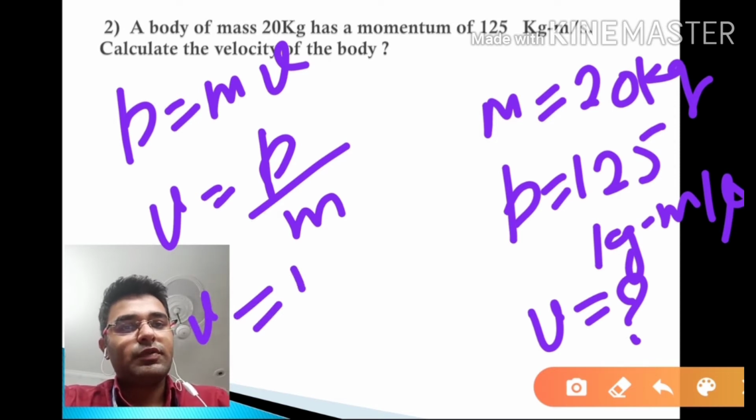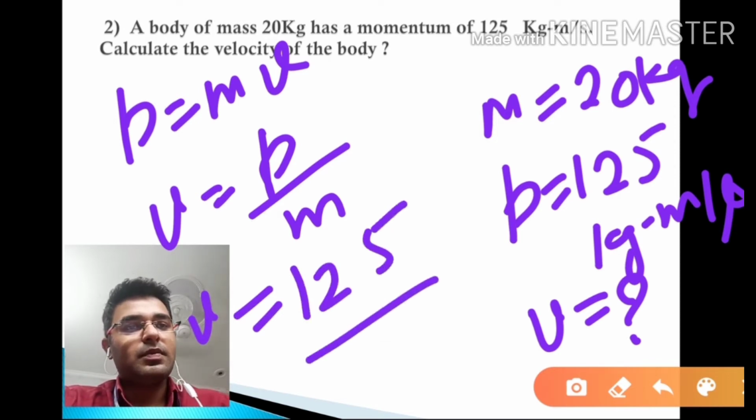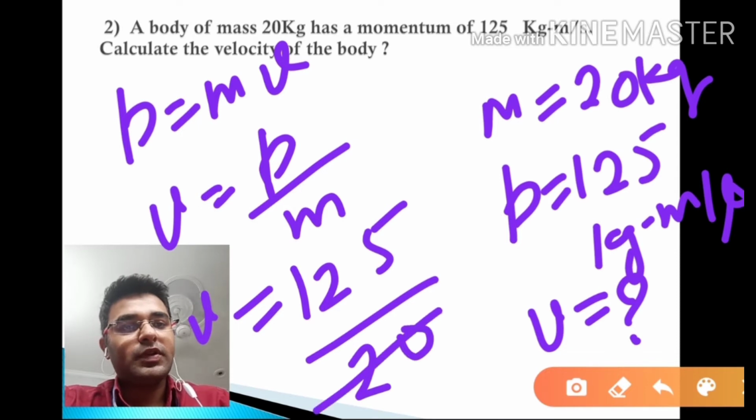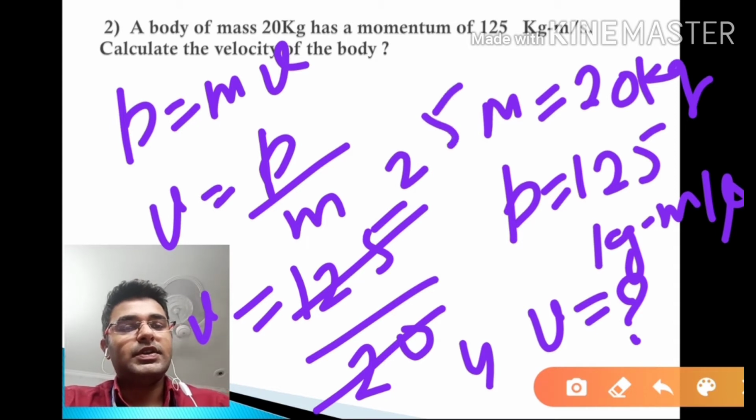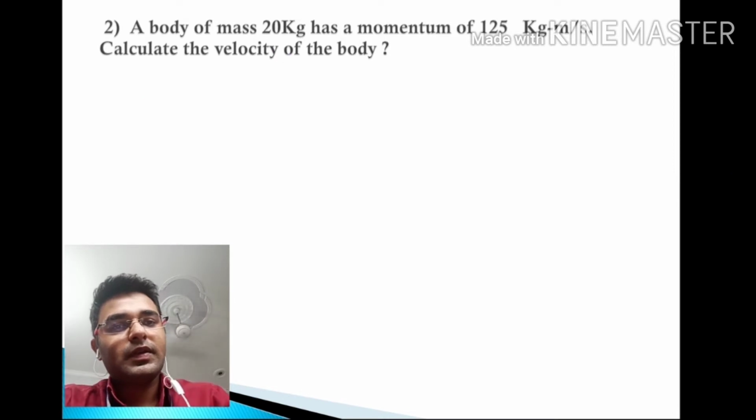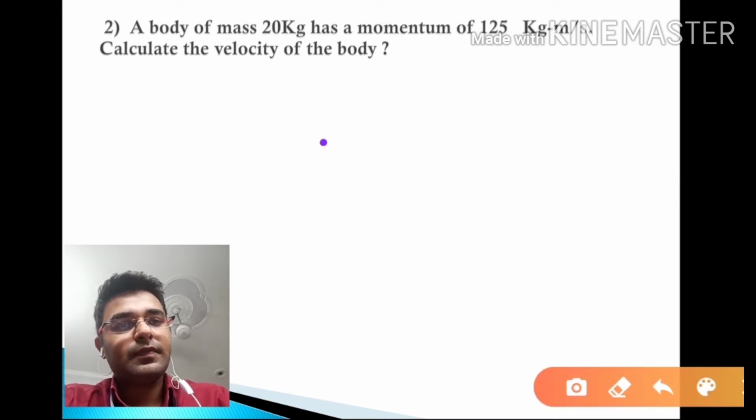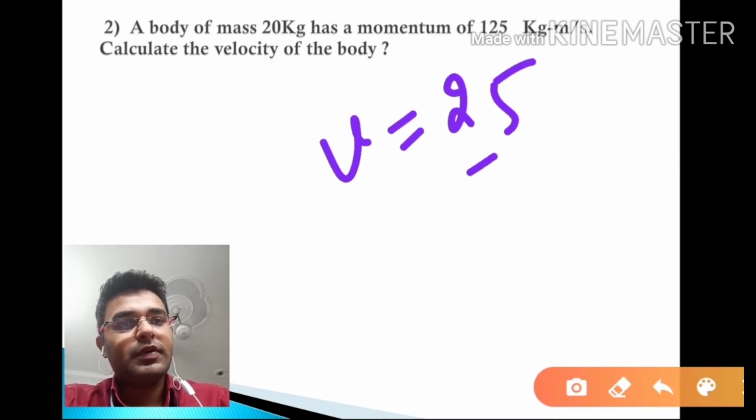Momentum is 125, mass is 20. So if we divide, 5 fours are 20, 5 twos are 10, and 5 fives are 25. So the velocity will come out 25 upon 4.